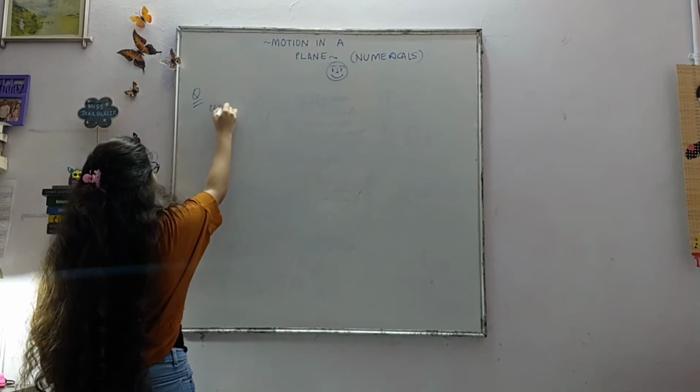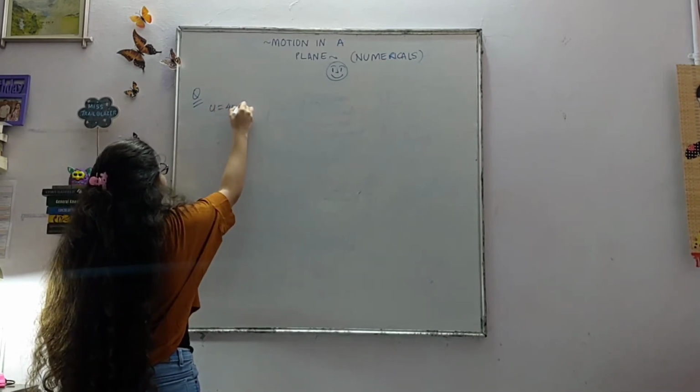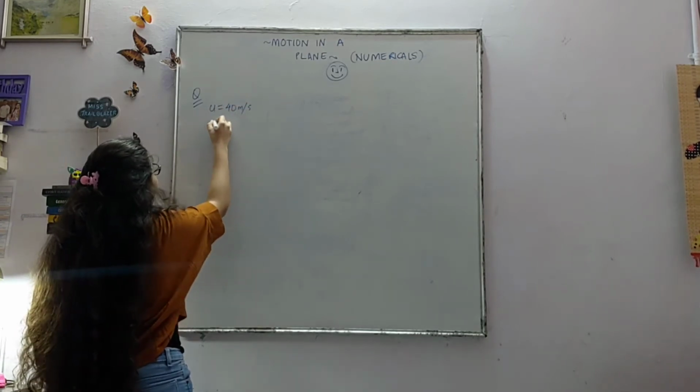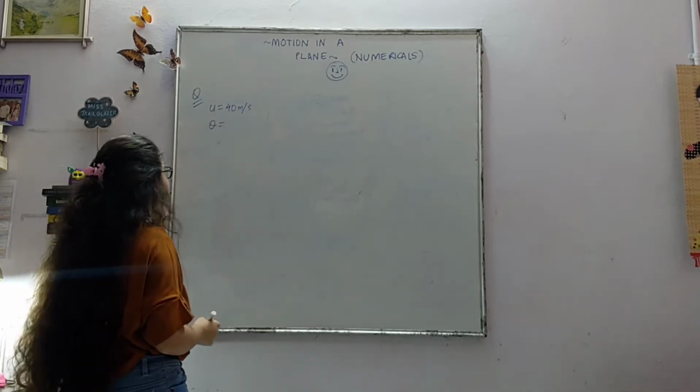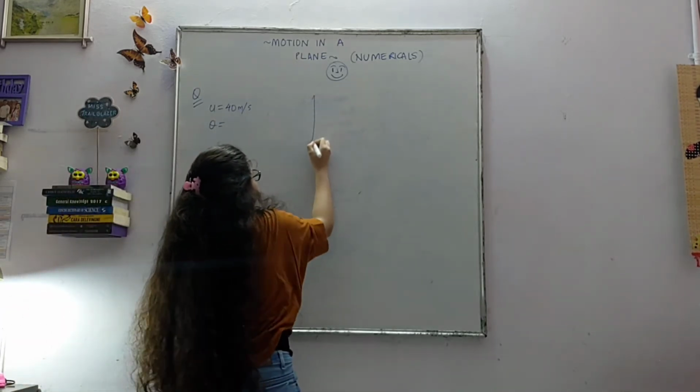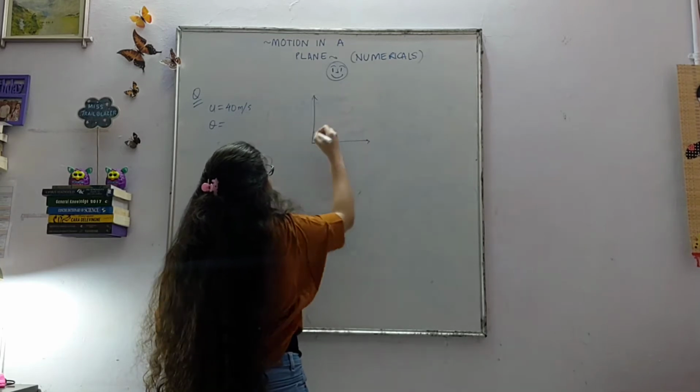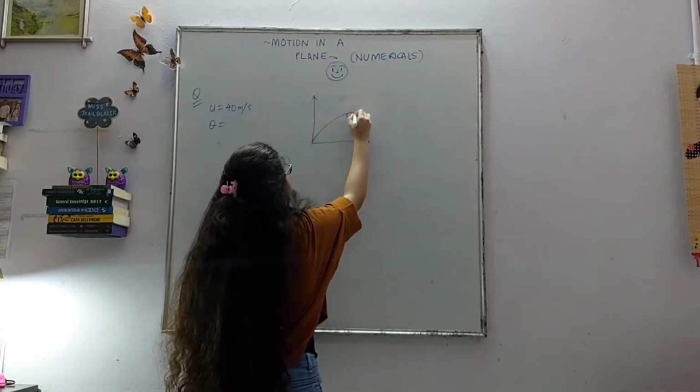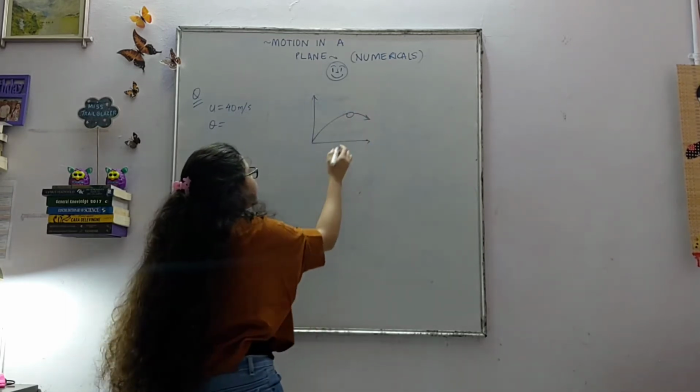So you've been given u equal to 40 meter per second, and then you've been given the angle that the ball makes with the horizontal. The case is like this. The ball is going like this.